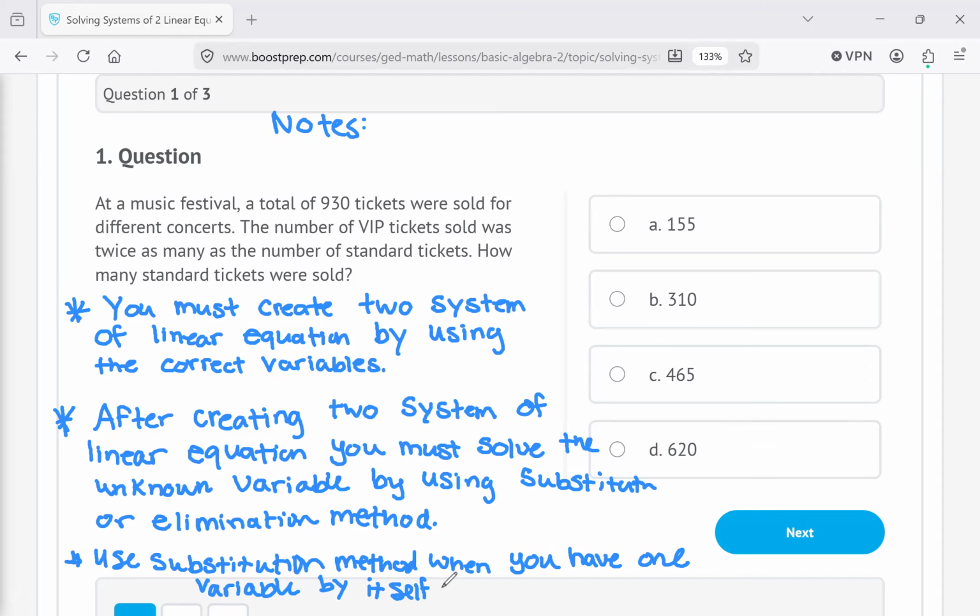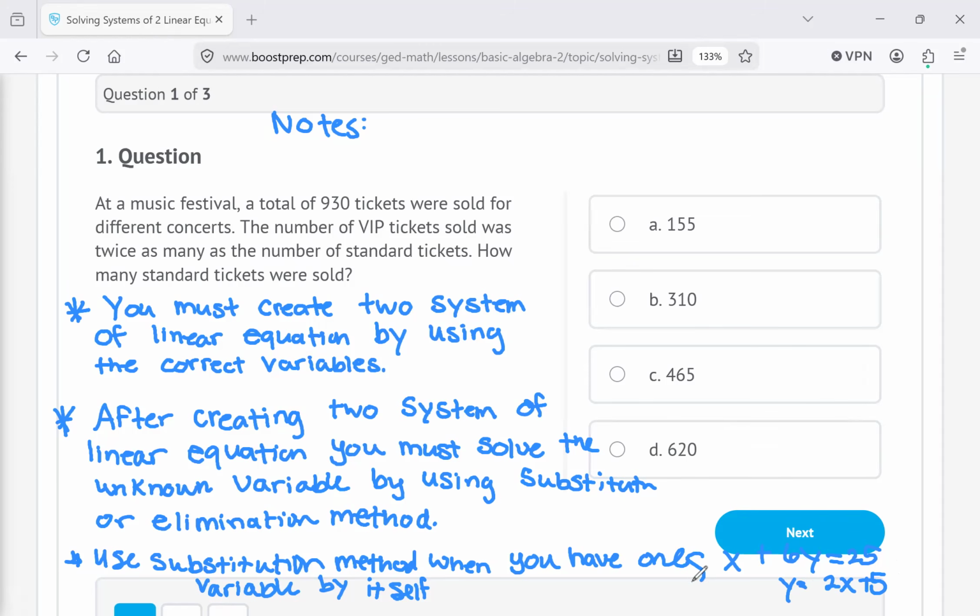So let me show you an example. Let's say you created two linear equations. One is x plus 6y equals 25. And the other equation is y equals 2x plus 5.